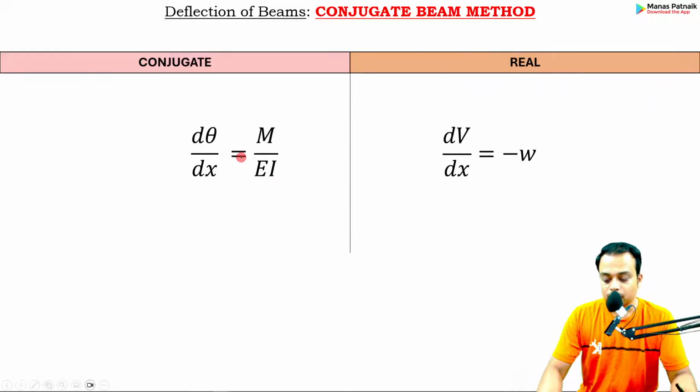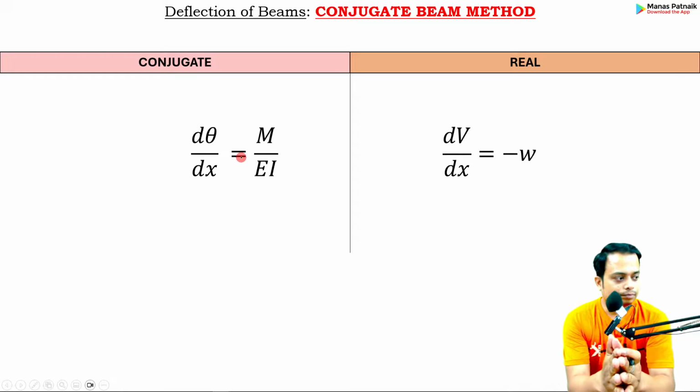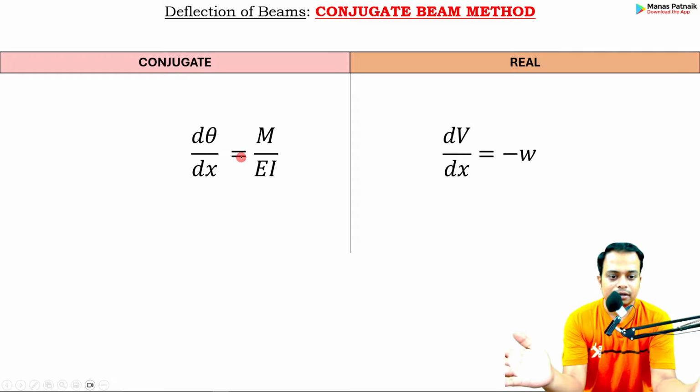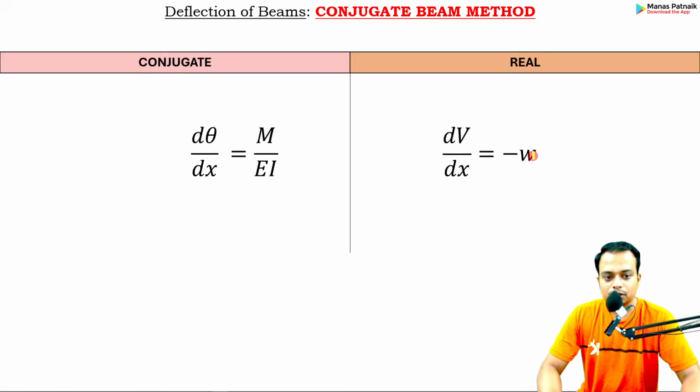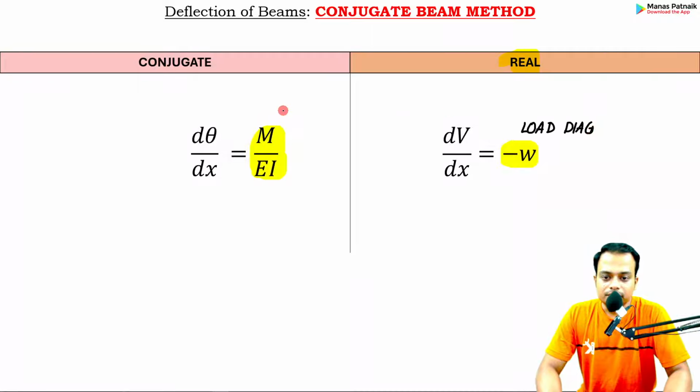That's the relationship. So, again, the question is, how do we connect shear force with the slope? Here is the connection. Watch this. Load over to the RHS of a real beam, M over EI. You have the load diagram. Let me just write this as the load diagram. Here, this is the M over EI diagram.